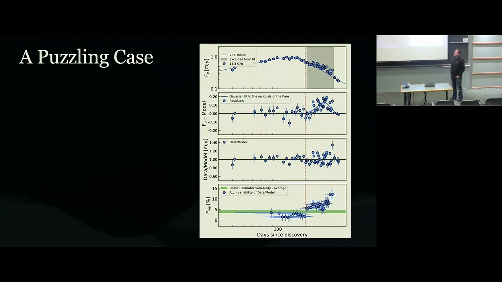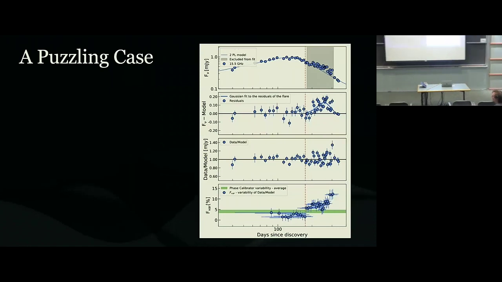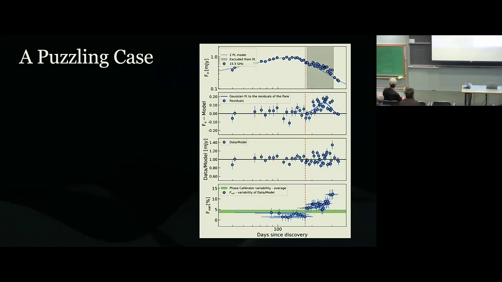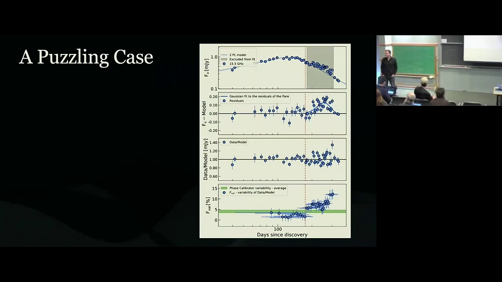My question was on the flares too, but not on the very fast one. Do you have any idea what kind of brightness temperatures we're talking about during those flares? No, we didn't do that. But you can do it, you have the sizes. It's like thermal emission, so there's no compactness issue or something like that.